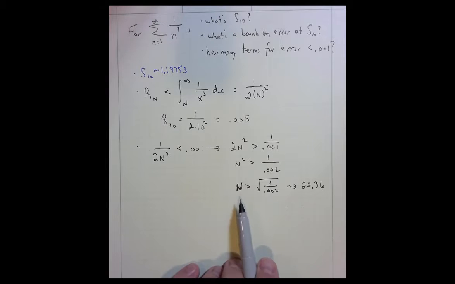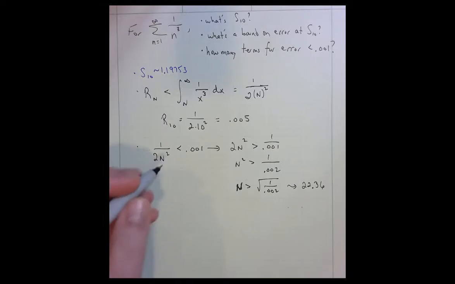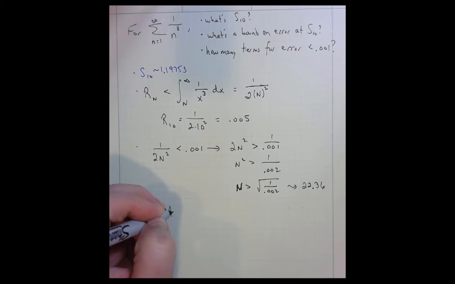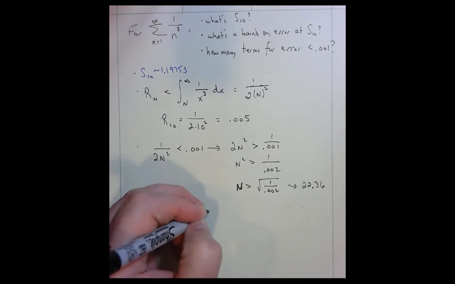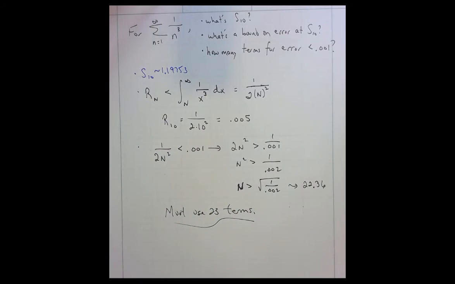What we've learned is that the value of n needs to be bigger than 22.36. The next eligible value of n, which is greater than 22.36, is 23 terms. And so in order to get our error less than 0.001, that means we would have to collect 23 terms.